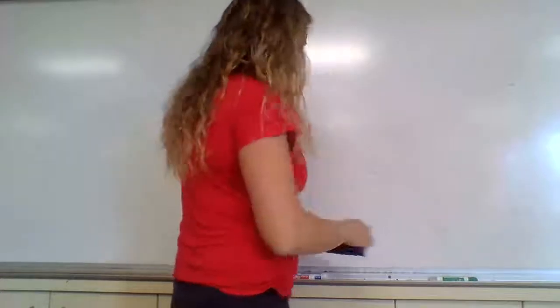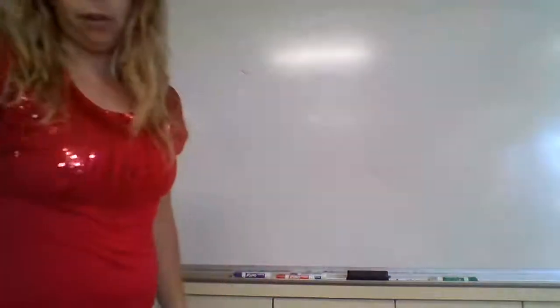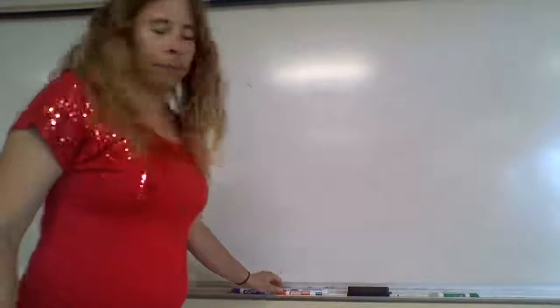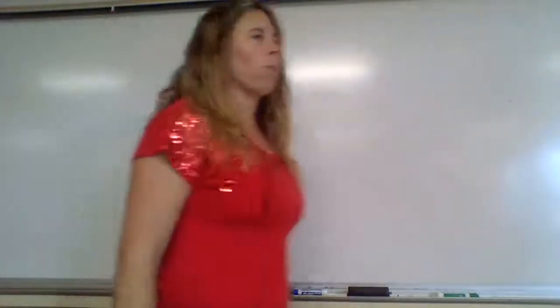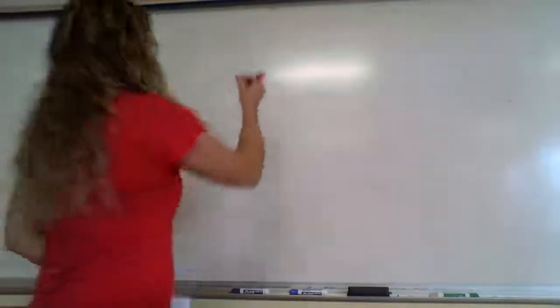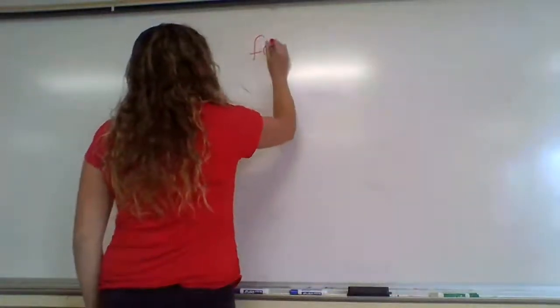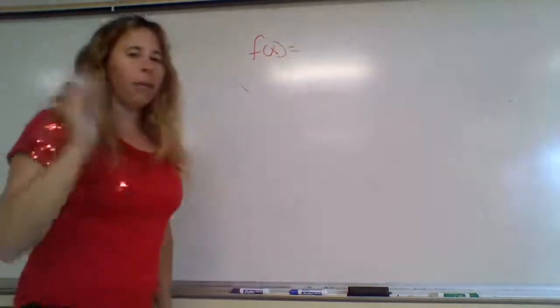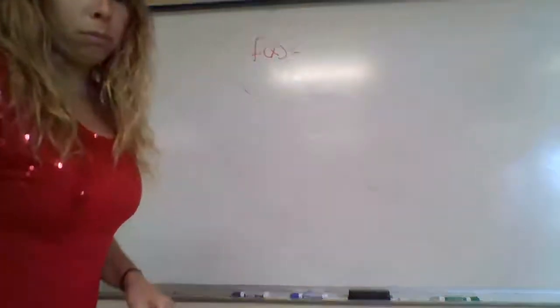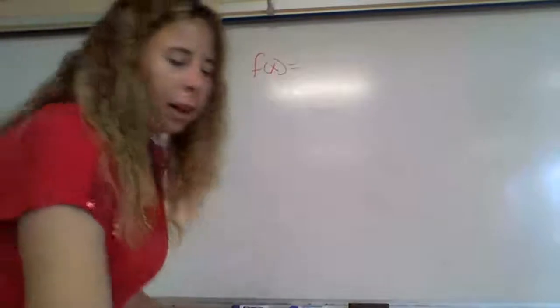Okay. So I started looking over your homework with you at the end of class. But okay, for number 8, they give you f of x equals, and then they give you a list of points.